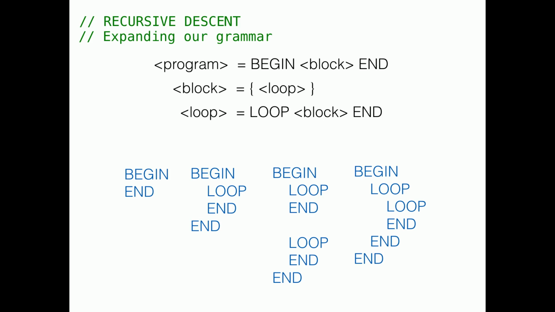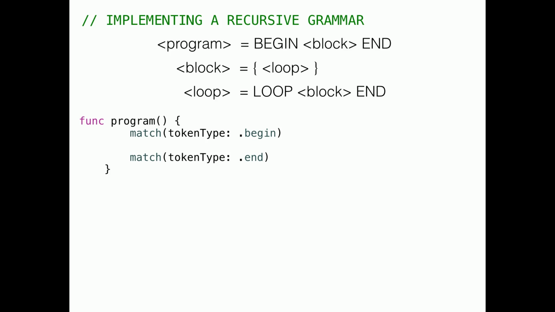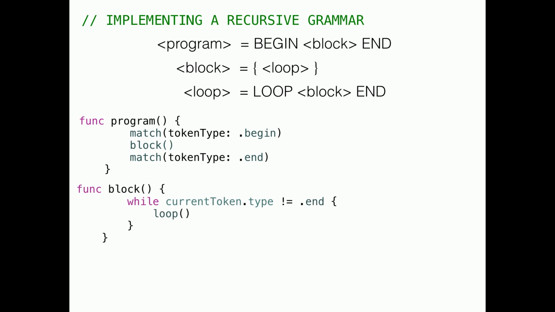So how do we implement this grammar, this recursive grammar? Well, let's look at that. There's our grammar again at the top, and here's where we left off with our parser. When we see this block definition in our grammar, we're going to literally just call out to a block parsing routine, another function. And in our block function, we know that blocks are terminated by the end keyword in Bitsy.